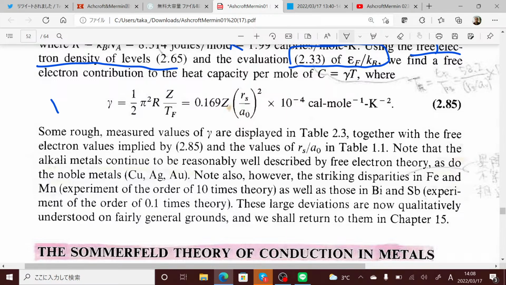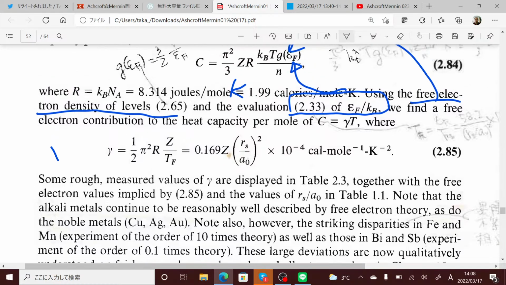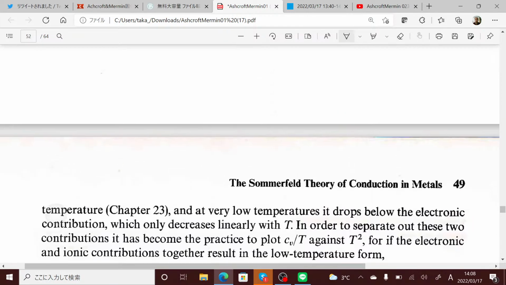These large deviations are now qualitatively understood on fairly general grounds, and we shall return to them in chapter 15.